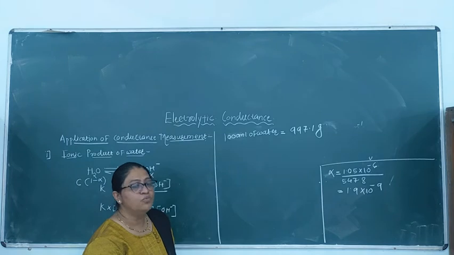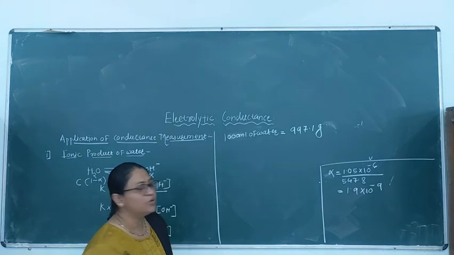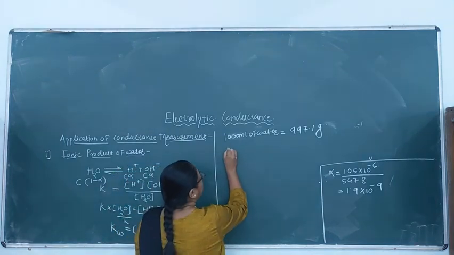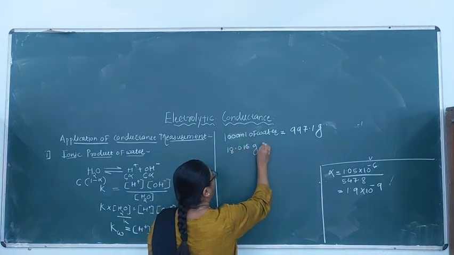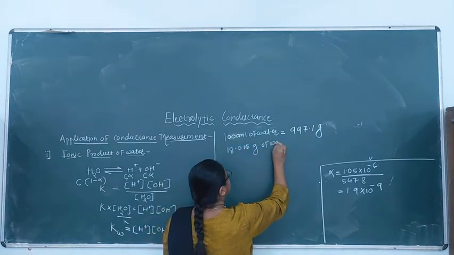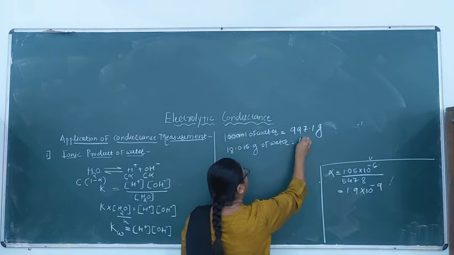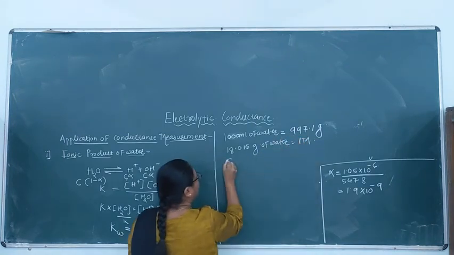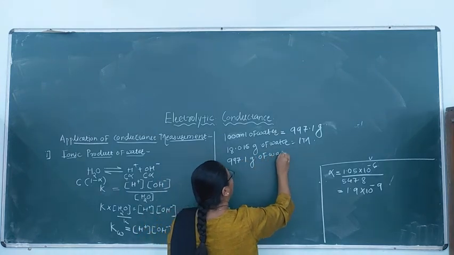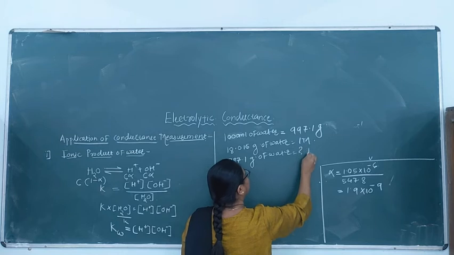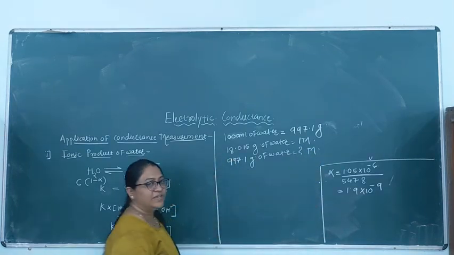So how many moles of water are present? How can I calculate that? 18.016 grams of water corresponds to 1 molar. Therefore, 997.1 grams of water corresponds to how many moles of water? That we can calculate.